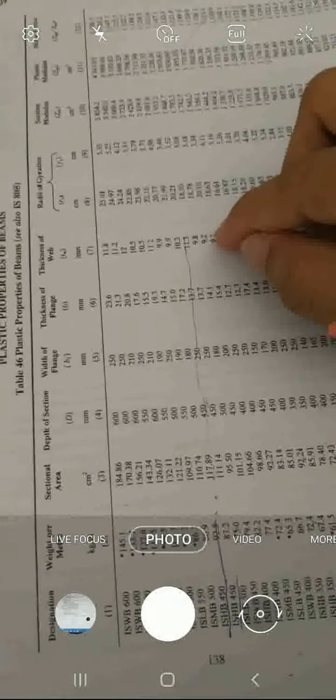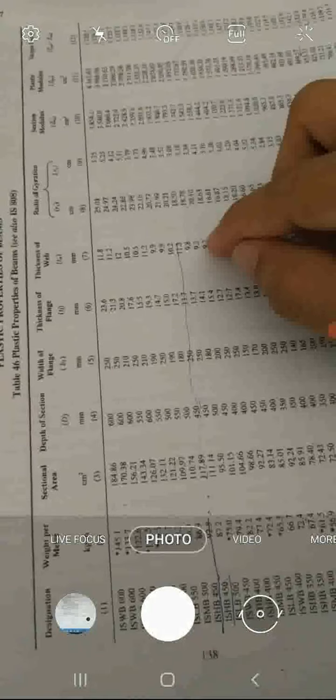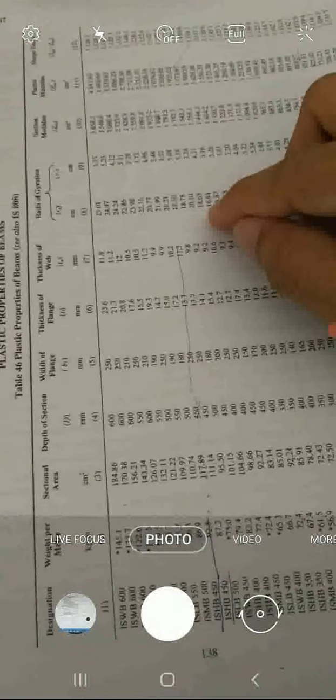Sectional area, D value, that is H value or D value, then BF, then TF value, then IXX value, the thickness of the web, that is TW value, then R1, RY, RZ, everything you have to note. Even ZE value, that is ZEZ values. These values also you have to note down for the corresponding ISMB 400. All these values you have to note down in your answer paper.